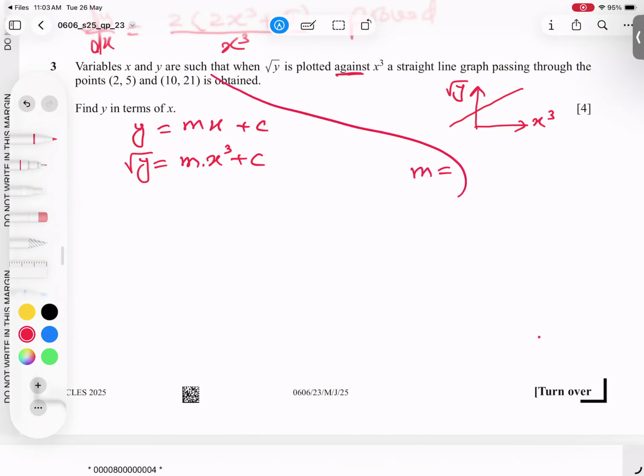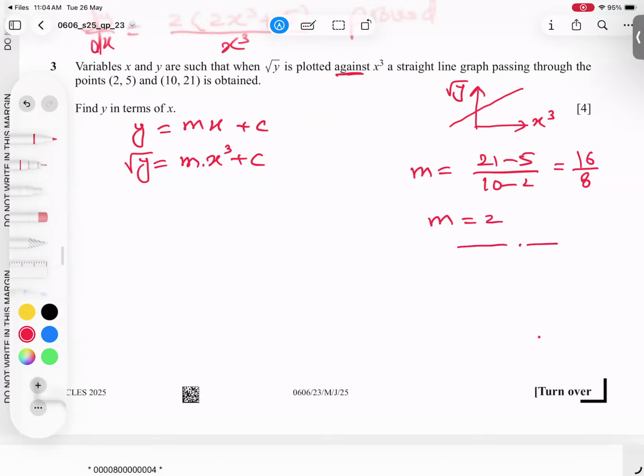You know y2 minus y1, so 21 minus 5, over x2 minus x1, so 10 minus 2. I'm getting here 16 over 8. So the gradient becomes 2.